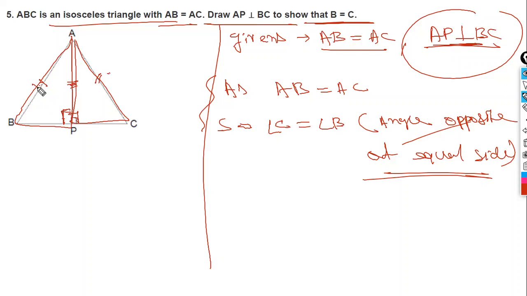So by RHS, triangle ABP is congruent to triangle ACP, so angle B is equal to angle C through CPCT. You can use this congruency rule, otherwise you can directly write it. Whichever way you go, that will be correct. So this is the end of this exercise.